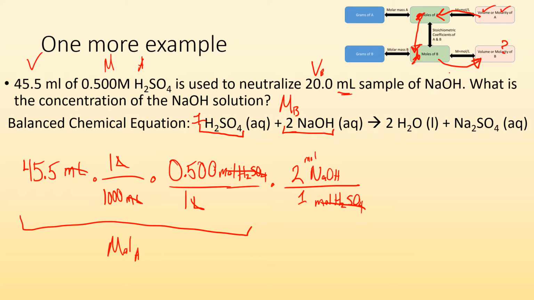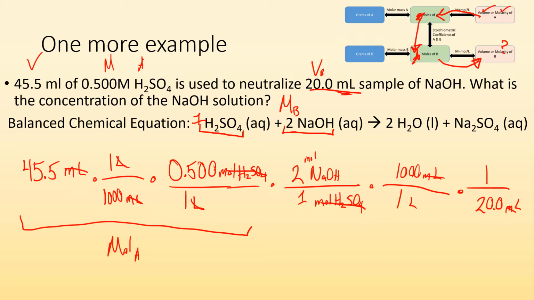So now I can convert it to molarity. They told me how many milliliters I used, but I need that to be liters. I need to divide by liters. So I know that 1 liter is 1,000 milliliters. And I know that I used 20.0 milliliters. So my milliliters cancel out, and I'm left with my liters.